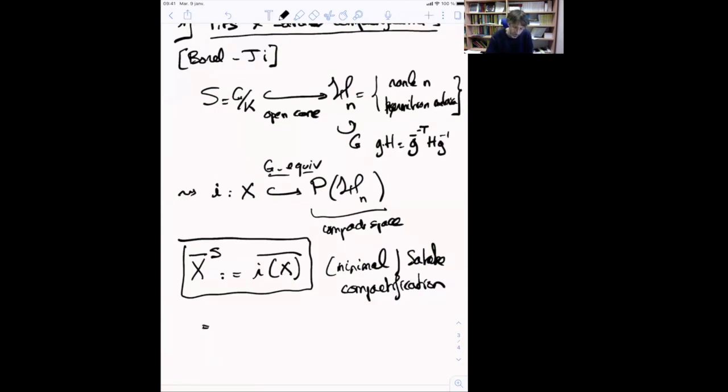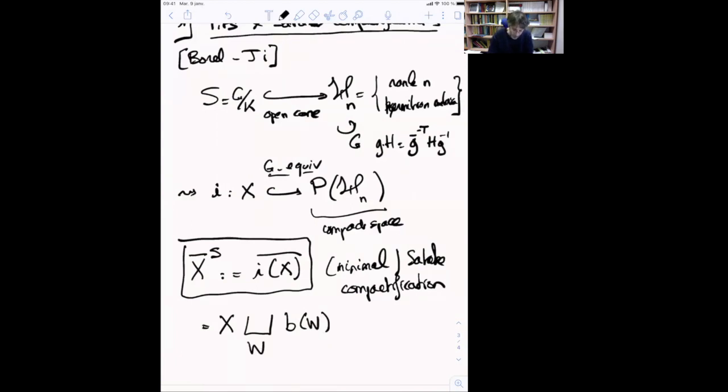Of course, there is the space X in it, and you can add boundary components that I will denote B_W.